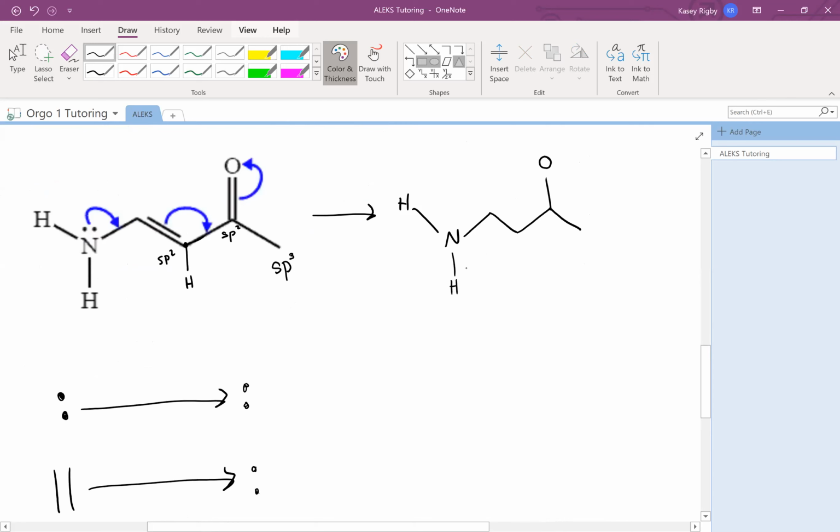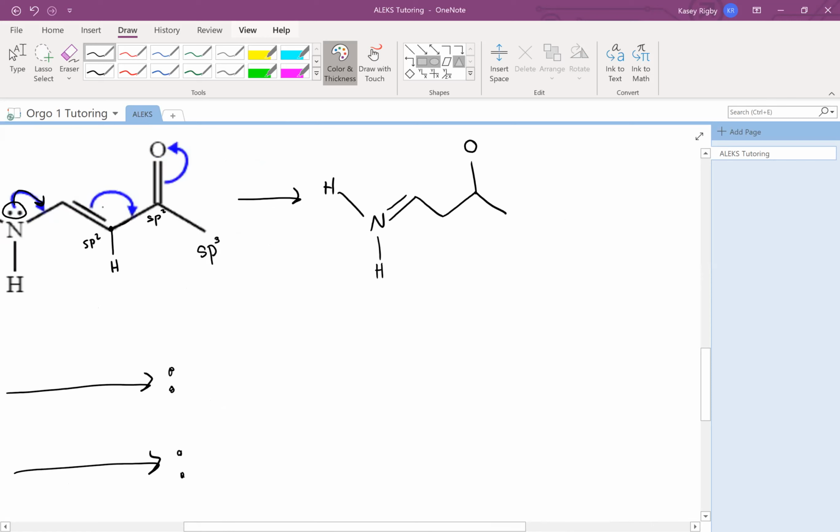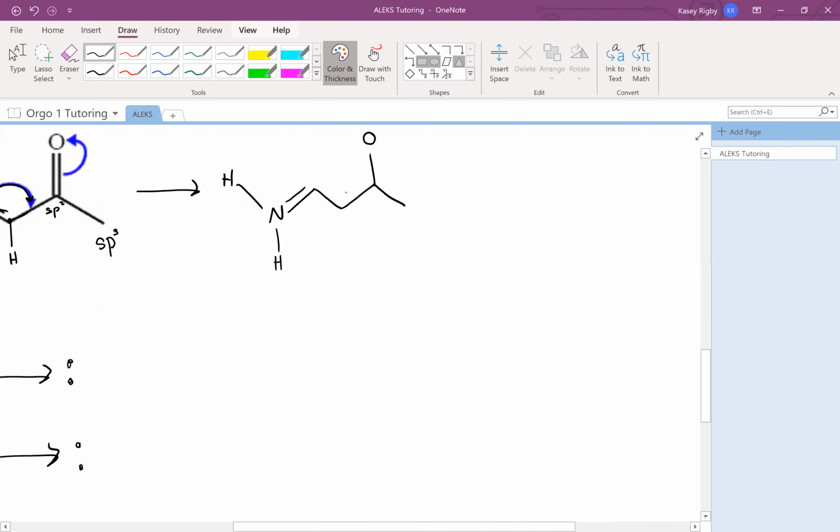So let's start with the nitrogen, okay? So we see we go from a lone pair into a bond. What that arrow means is the lone pair is making up a new pi bond, which means that we're going to now have a double bond here, okay? And then this arrow, it's going from a bond to another bond. That means that the double bond is just moving from one bond to another. So right there.